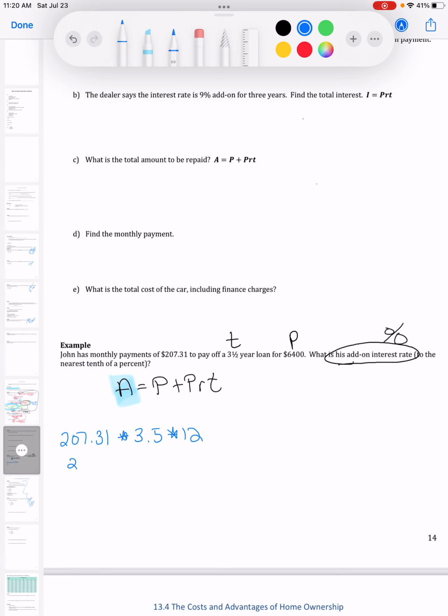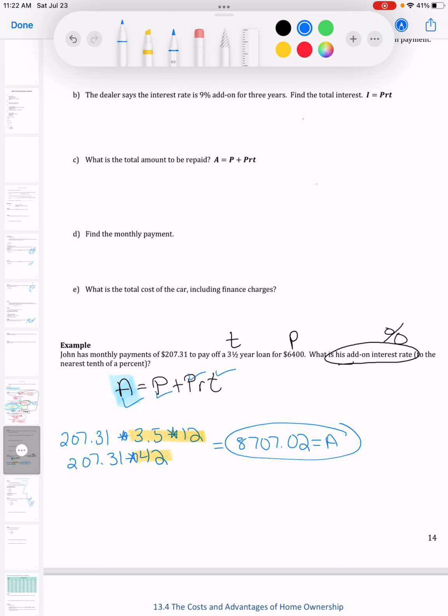Some people would rather see it as 42 months. 3.5 years is the same thing as 42 months. So real quick, these two are the same thing. Either way, choose one of those two lines that we have, and either way, that's going to give us $8,707.02. This is A.